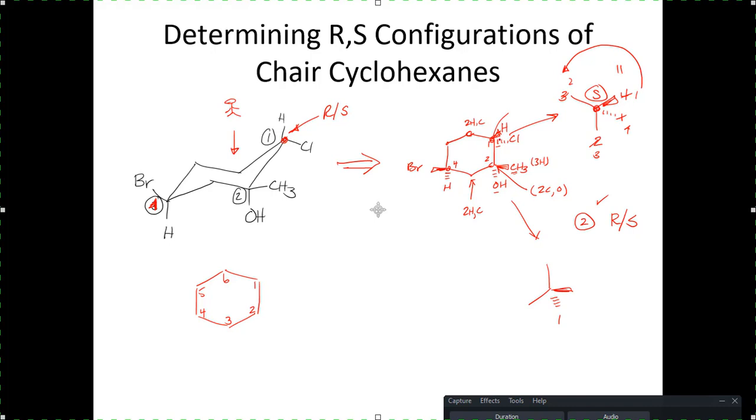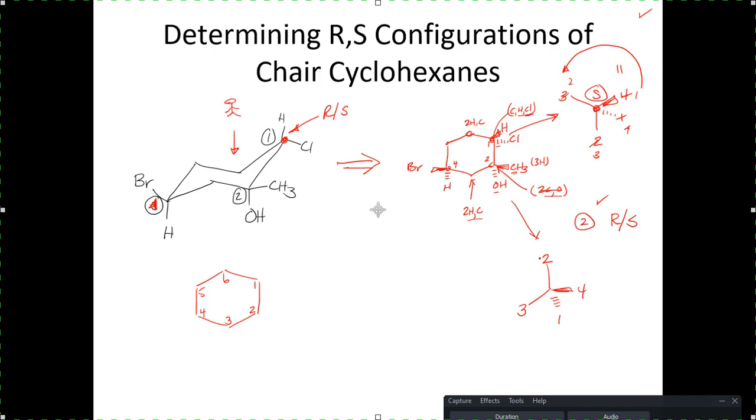It's got a carbon, a hydrogen, and a chlorine. So now let's compare: a carbon, hydrogen, chlorine versus 3 hydrogens versus 2 H's and a C. Who wins? The chlorine wins the priority here, so this is number 2. The carbon with 2 H's and a C has priority 3, and 3 hydrogens is 4.